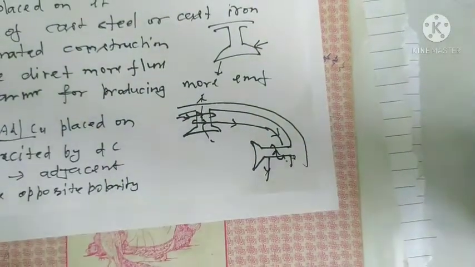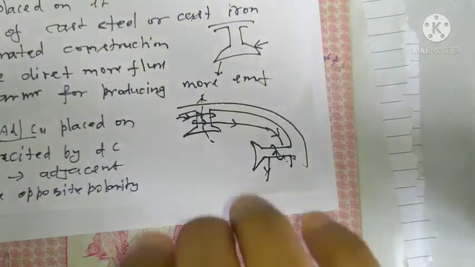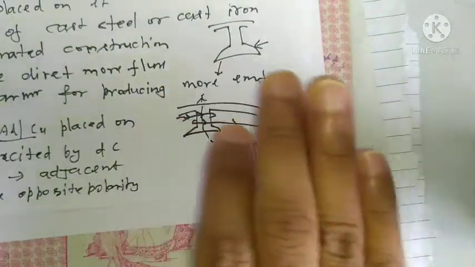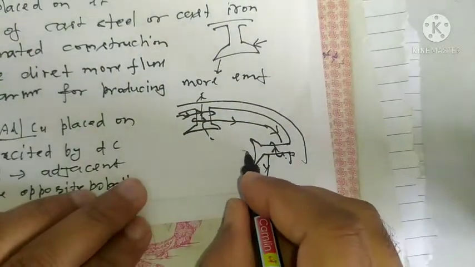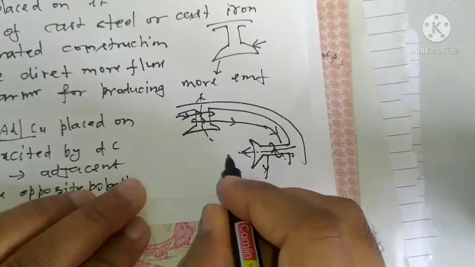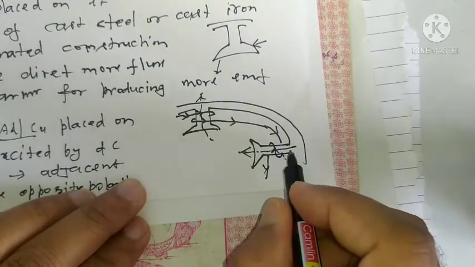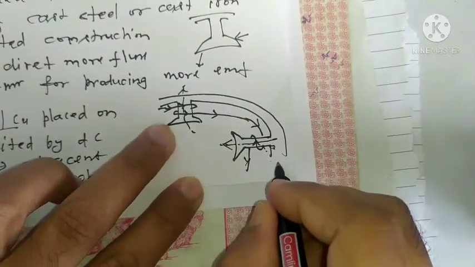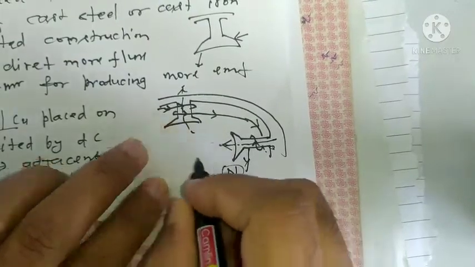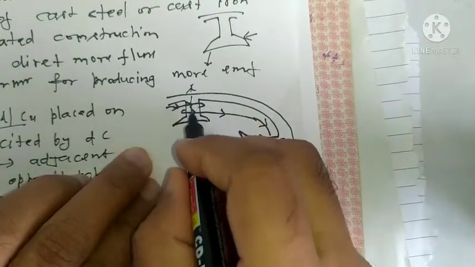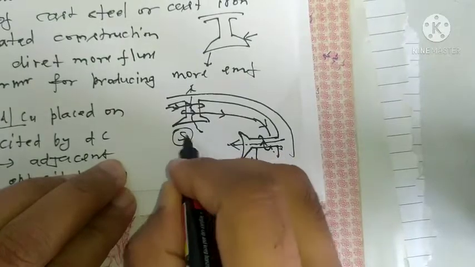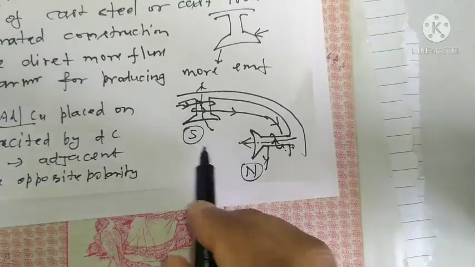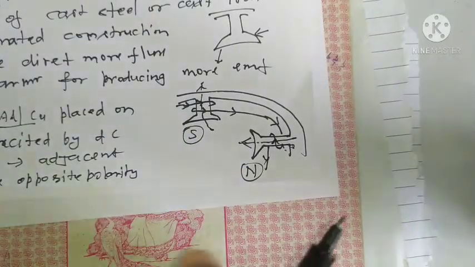In the other pole, based on the current direction, the current is upward, so the thumb will show this direction. Here fluxes are coming out from the iron part, so I can say this portion is the north pole, and here fluxes are going inside the iron part, so this is the south pole. This is how the winding is done on poles to make adjacent poles of opposite polarity.